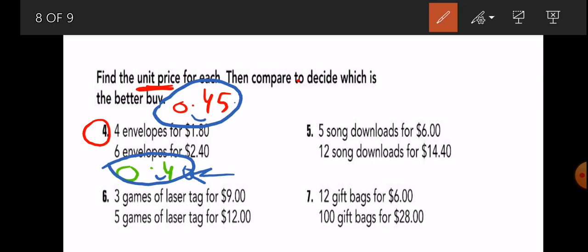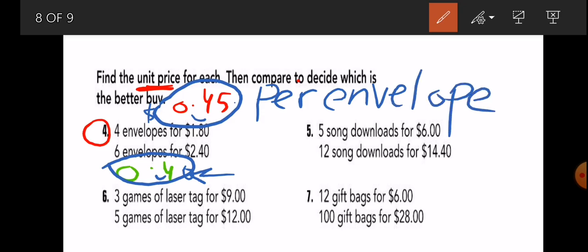Okay, so the first step, you will write the unit price. The unit price for the 4 envelopes is $0.45 per envelope. This is the way of writing the unit price. $0.45 per envelope. The unit price of the other one, $0.4, also per envelope.